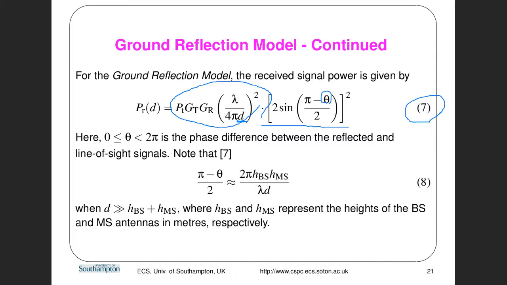So if you look at this element here, when theta equals 0, sin pi over 2 is 1. And we have two links, so the parameter here is 2. Then the overall power for the received signal is actually enhanced. However, if theta equals pi, sin 0 is 0.